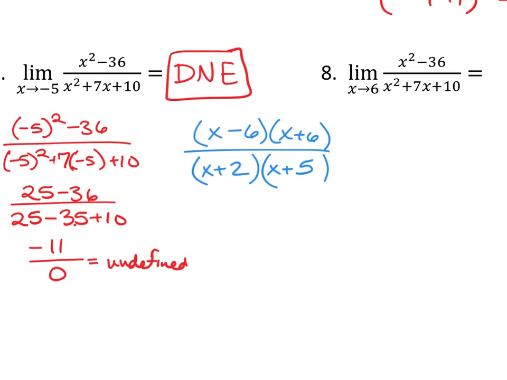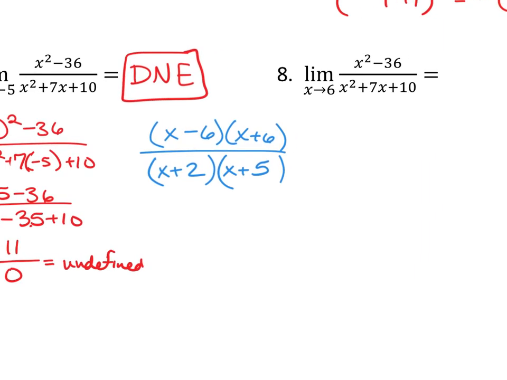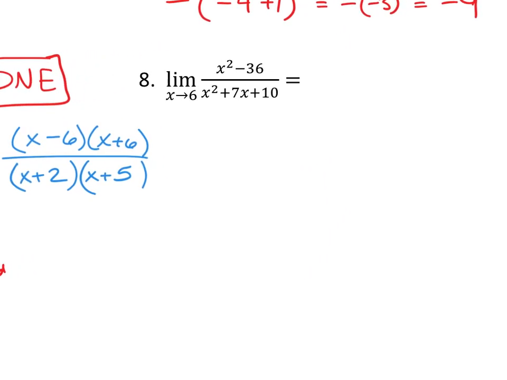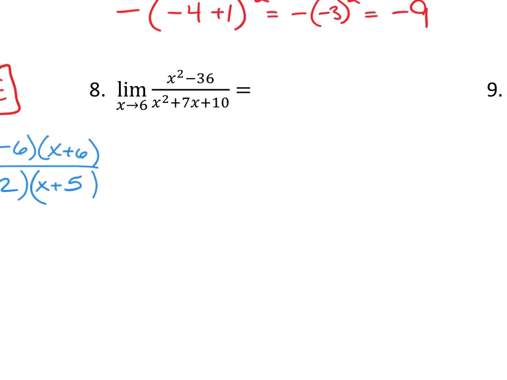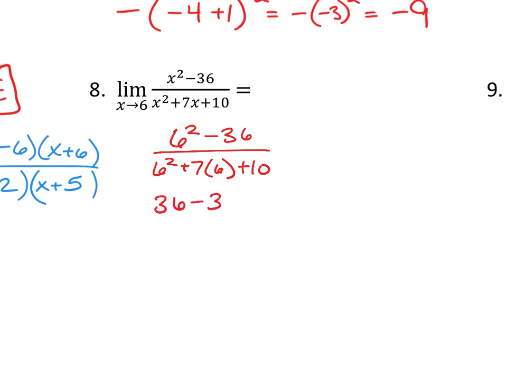Now, if you notice, this next problem is the same rational function, so we've already factored it and nothing's going to cancel. But here's why you always try direct substitution first. If we directly substitute 6 into this function, we'd have 6 squared minus 36 over 6 squared plus 7 times 6 plus 10. 6 squared is 36.